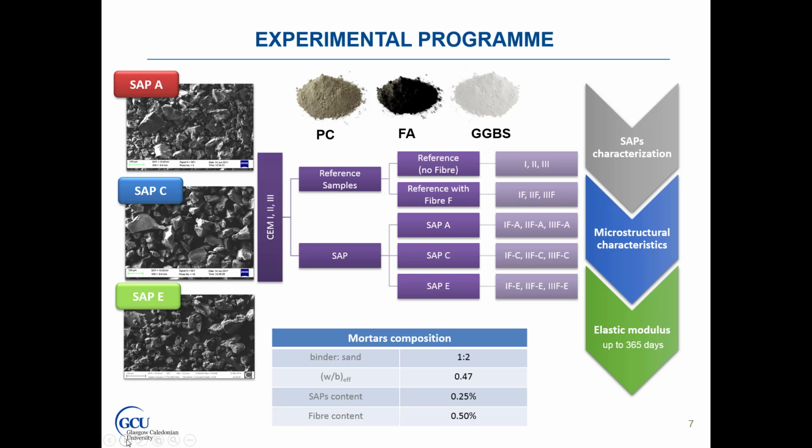Three types of cement have been used in this study: Same one, Portland cement; Same two, Portland with fly ash; and Same three, Portland with GGBS. 15 different compositions of fiber reinforced mortars were assessed at 7, 14, and 28 days by MIP and SEM techniques. The elastic modulus was also tested up to 365 days.